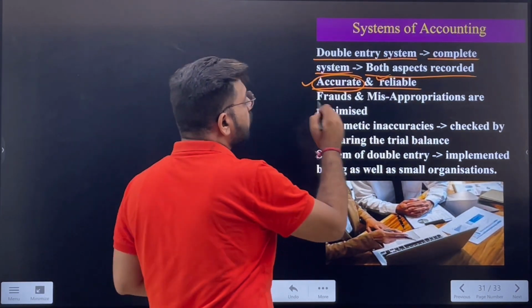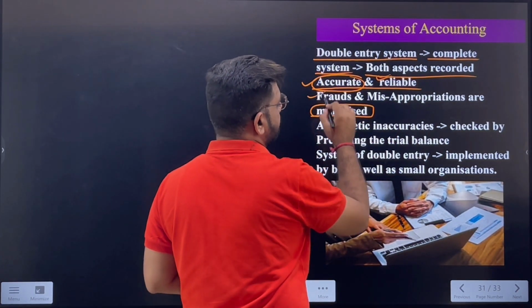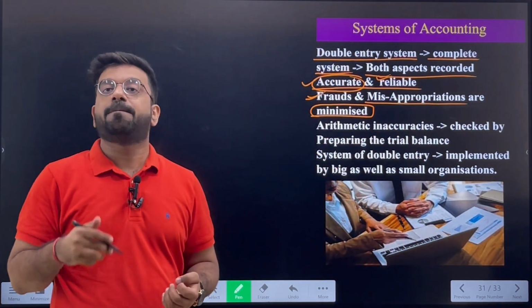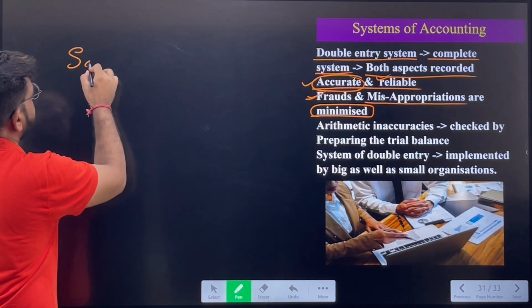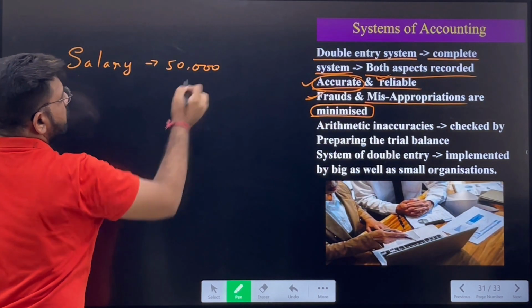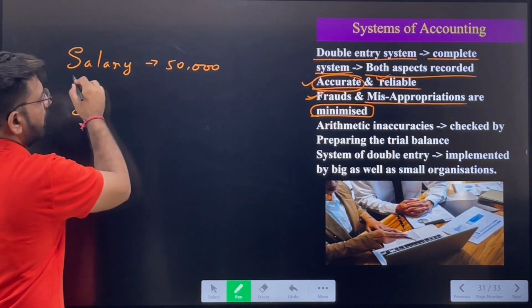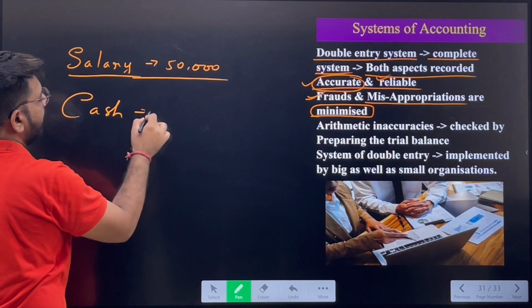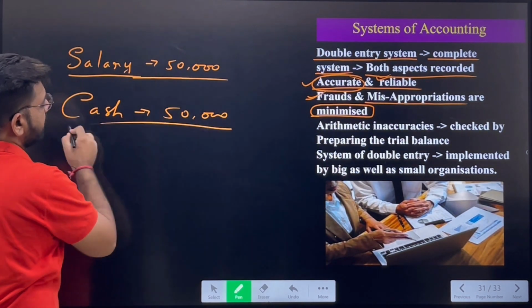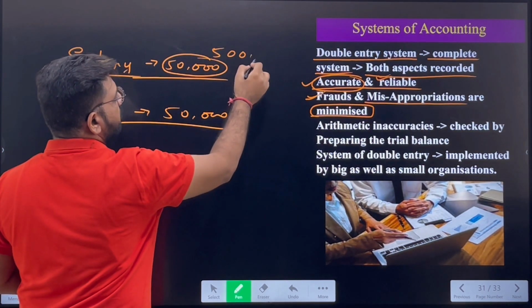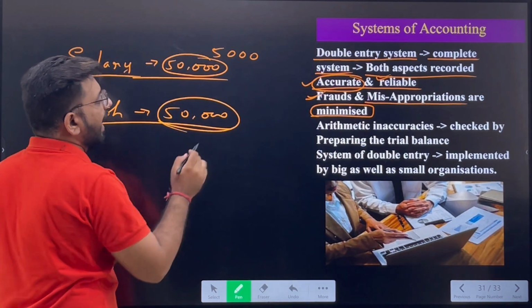Okay, next, it also minimizes the risk of frauds and the risk of misappropriations. Obviously, suppose I paid a salary of rupees 50,000 to my employee, so I will have to record salary 50,000, and also my cash will be going out, 50,000 paid. If I have mistakenly written only 5,000, by checking the other item I can verify which one is correct and which one is wrong.